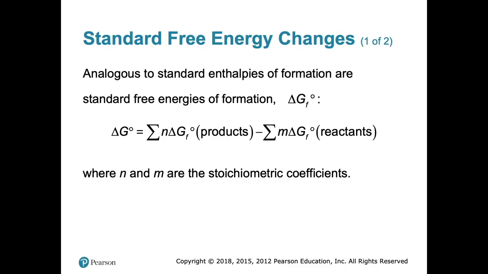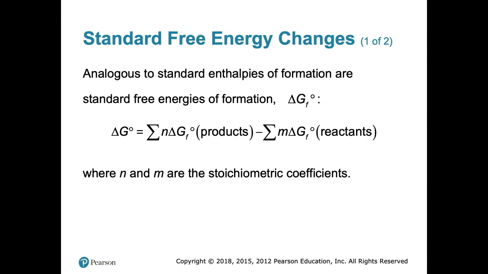And so again, it's analogous to the other standard enthalpies, where the standard delta G is equal to the sum of the moles of the products times the delta G of formation of those products, minus the sum of the moles of the reactants times the delta G of formation for the reactants, right?